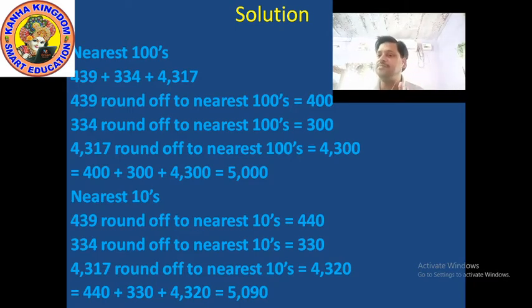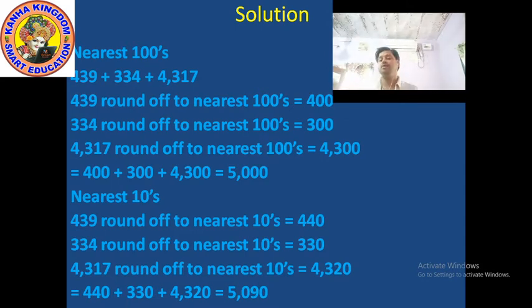Whatever the digit in the tens place, you write down the same. Which digit is in the tens place right now? 3. So you write down the same digit, and whatever the digit in the 100 place, you write the same. When you converted 334 to the nearest 10, it becomes 330.